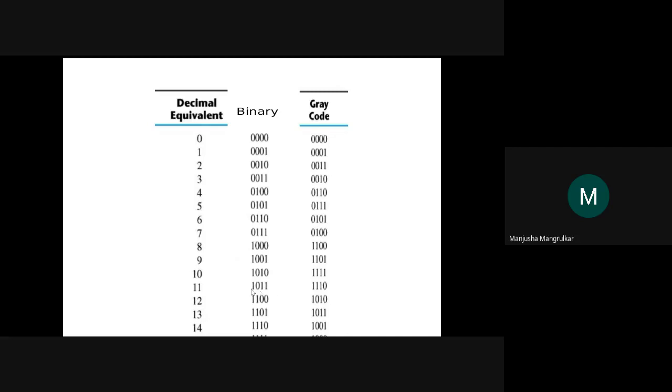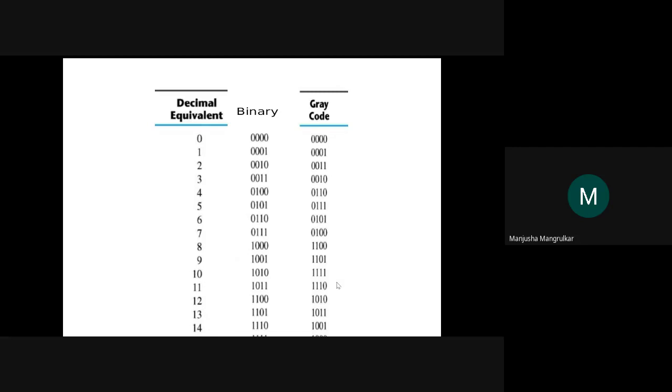This is the 11 as binary 1011 that is converted into gray, that is 1110, by the process where the first bit is copied as it is, the first bit is added with the second bit to get the second gray bit, the second is added with the third to get the third bit, and the third bit is added with the fourth bit to get the fourth bit of the gray number.